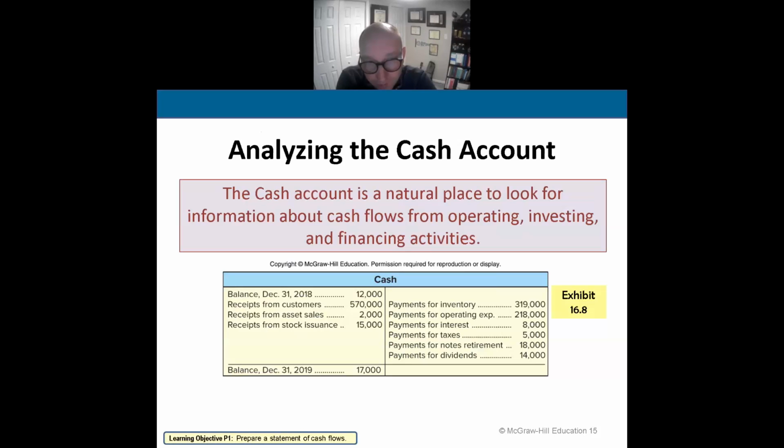Cash is typically the first place we look on our balance sheet to look at our operating, investing, and financing activities that have occurred over a period of time.